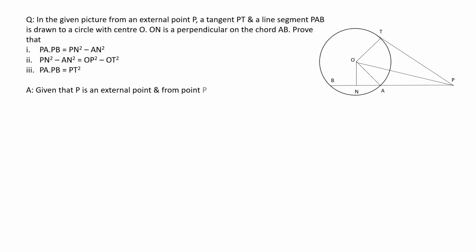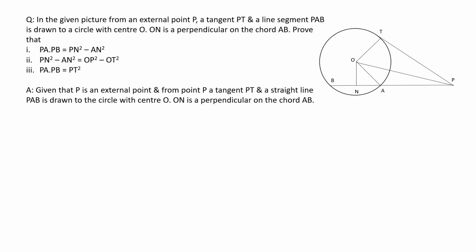So given P is an external point, and from the point P, a tangent PT and a straight line PAB is drawn to the circle with center O. ON is the perpendicular on the chord AB. Now first bit, PA into PB equals PN minus AN into PN plus BN, because PB is PN plus BN and PA is PN minus AN.